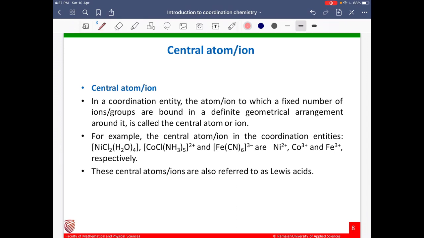So here in this example, nickel will be the central atom which is bound to ions or groups and forms a definite geometrical arrangement. These central atoms or ions are also referred to as Lewis acids.